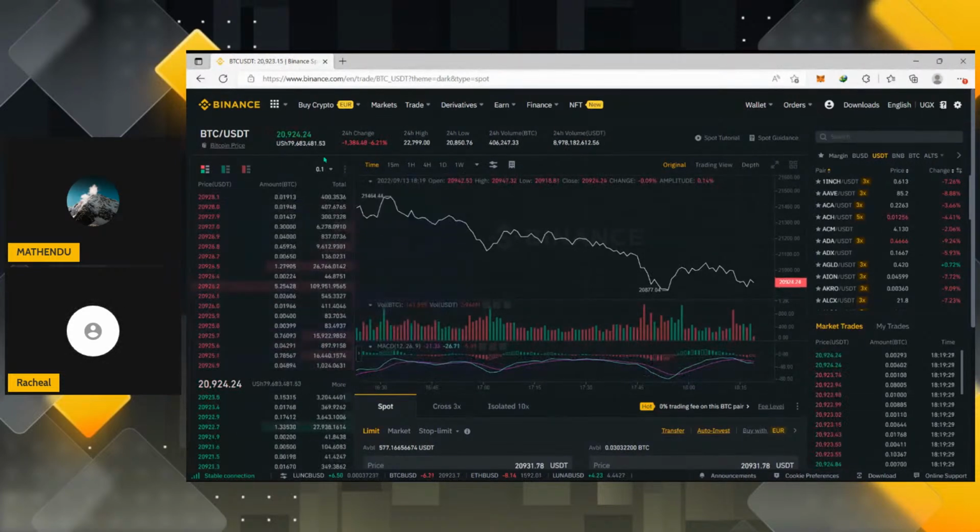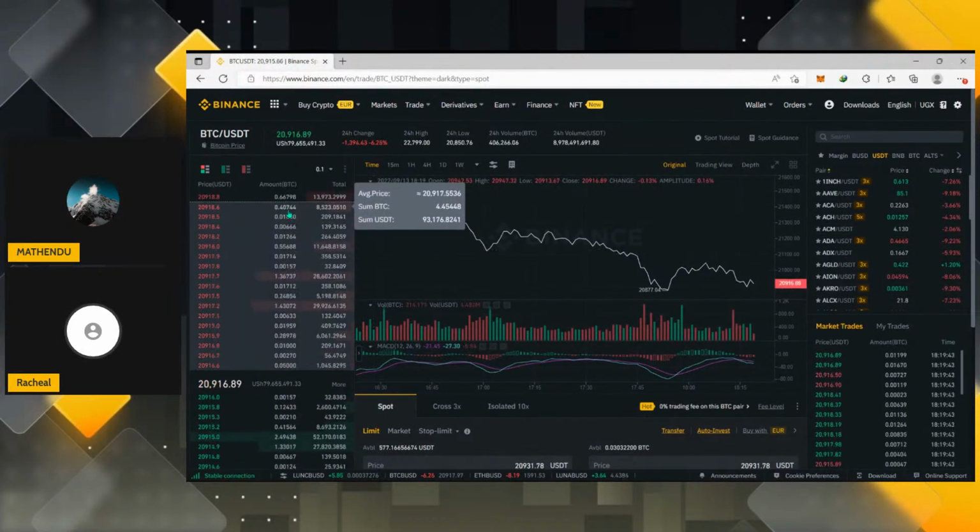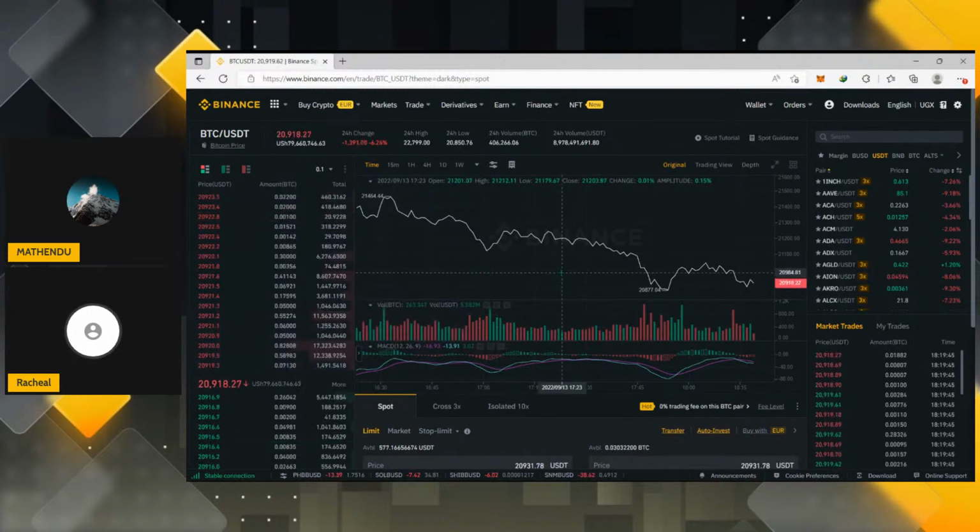Before we go deeply into how to actually open a trade, let's first understand the interface, because most of us are intimidated by the interface. First we start with the trade pair.